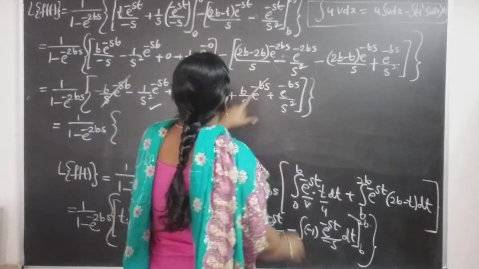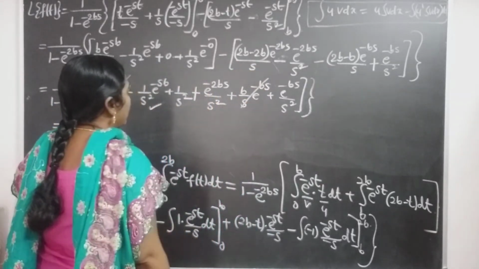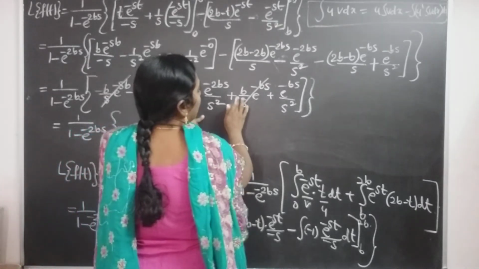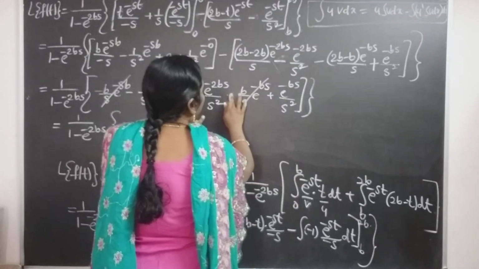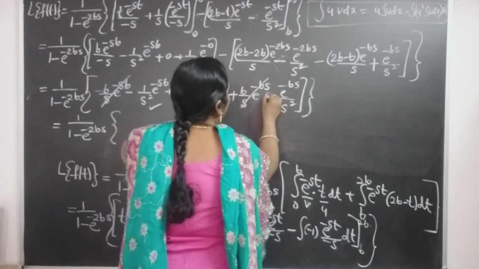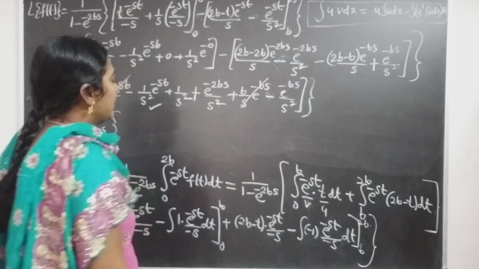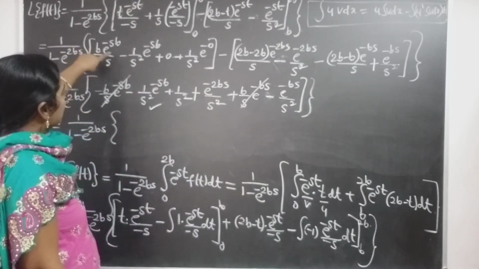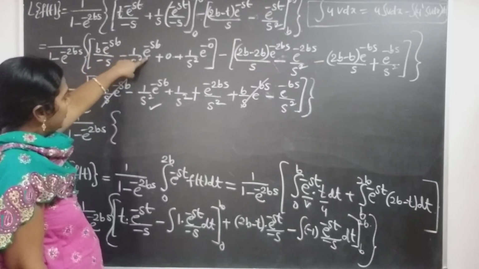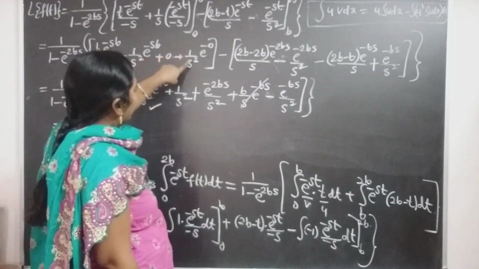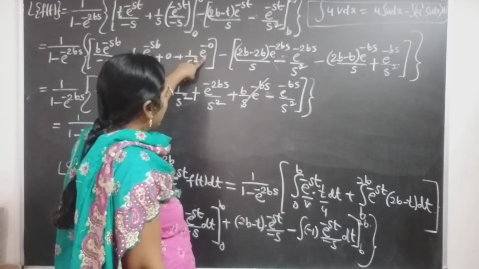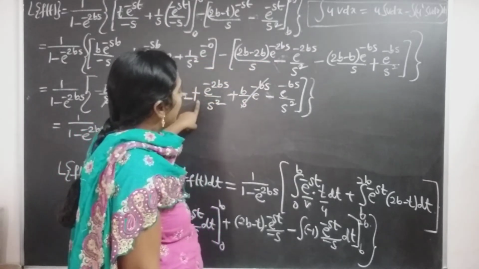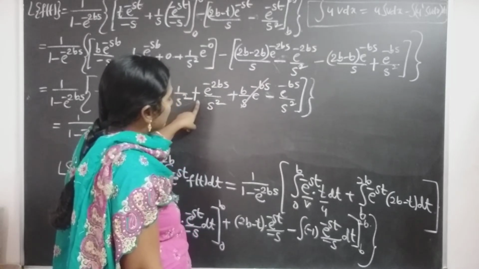Here minus into minus, it will be plus. Plus minus 2bs by s square. Here minus e power minus bs by s square. Again minus bs e power minus sb minus 1 by s square e power minus sb, 1 by s square into 1. Here it is 0, minus into minus plus e power minus 2bs by s square.